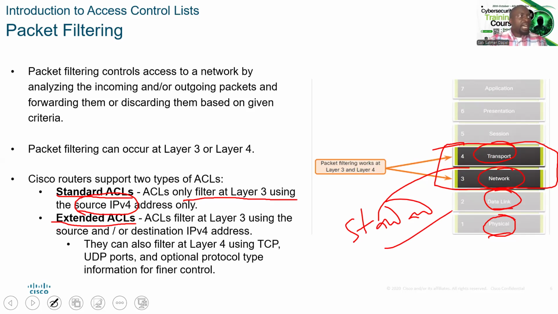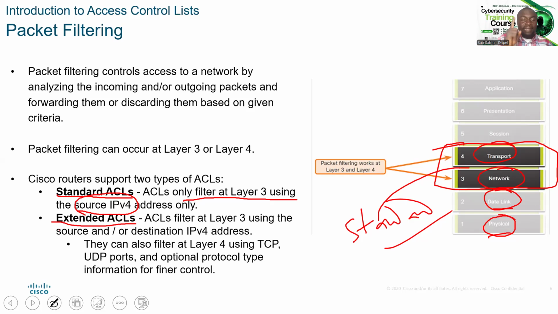So if, for instance, I want to write an access list to prevent all the computers in human resources from accessing the FTP server, then I will create an access list using the source IP address, and it's going to be the source IP address coming from human resources. Okay, that is standard. So don't forget, it functions at layer 3 and it is based on source address.